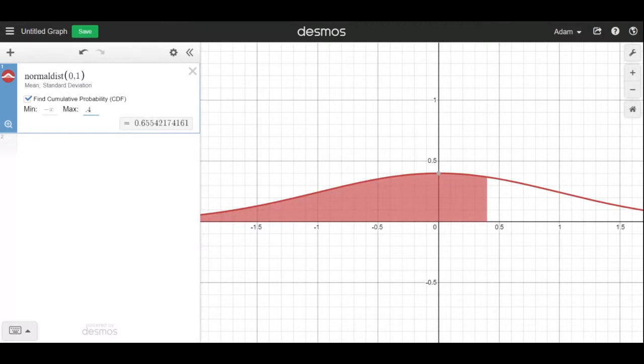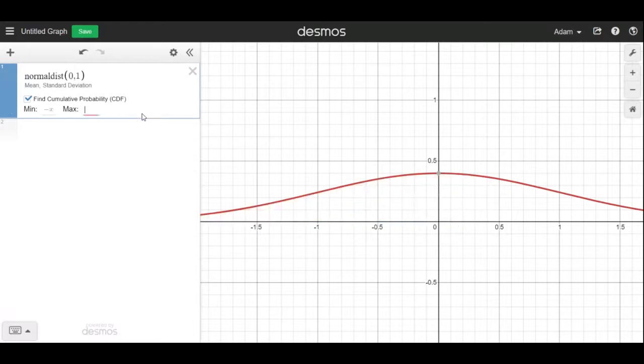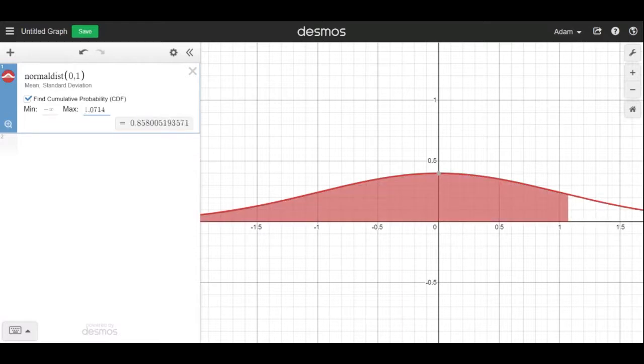Right, so for 140, we want less than 140. So that's less than 1.0714, the z-score. Greater than 130, we got 0.3571. The z-scores, that is.